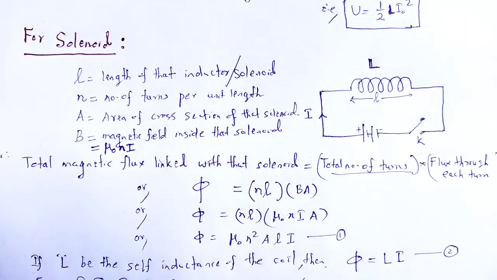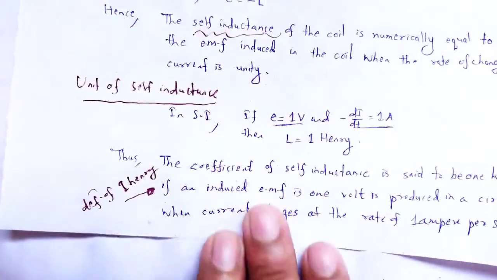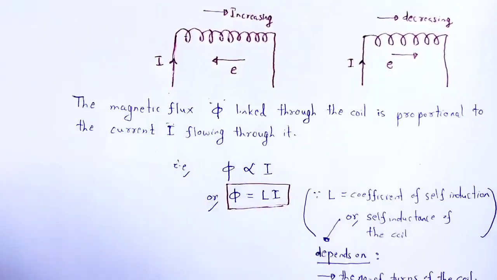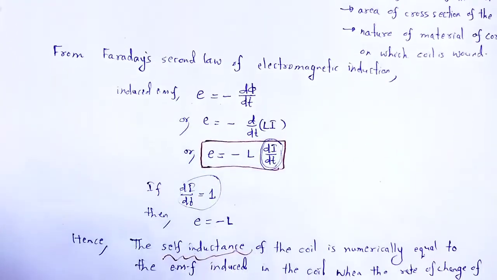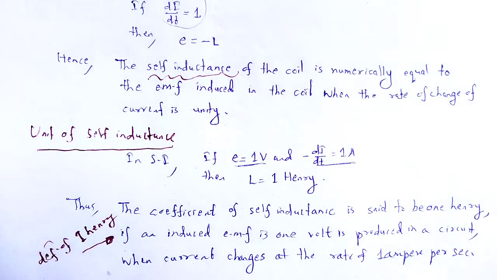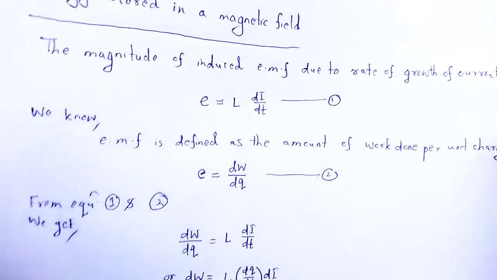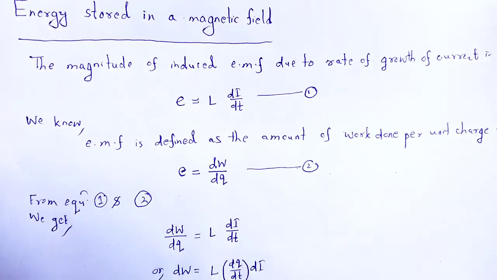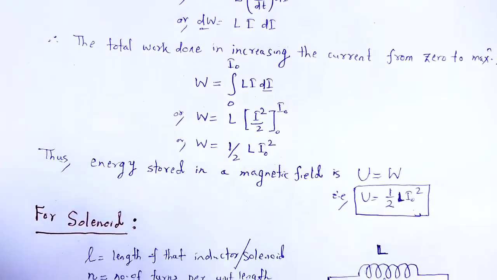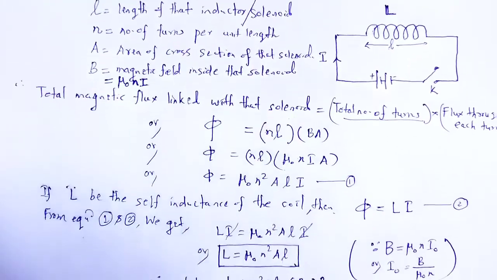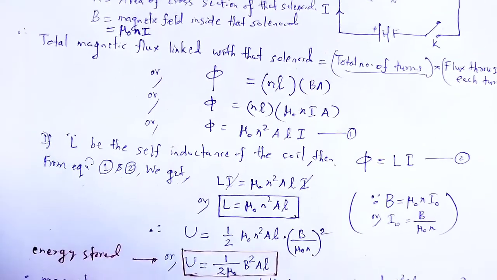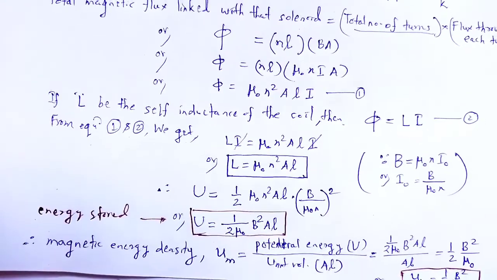So with the help of this video lecture we understood the phenomenon of self inductance, its mathematical formulation, the definition of 1 Henry, energy stored in a magnetic field, and for the solenoid, its self inductance, the energy stored, and the magnetic energy density.